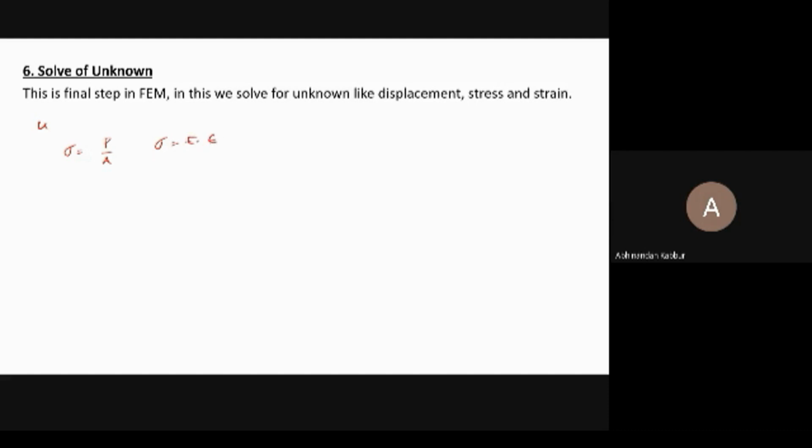How to calculate strain? Strain will be equal to stress divided by Young's modulus. I will be knowing what material I am using. For that particular material, I will be knowing what the Young's modulus is. So based on that, I can calculate what the strain is. Okay, so this is how we can solve any complex problem using this FEM method.